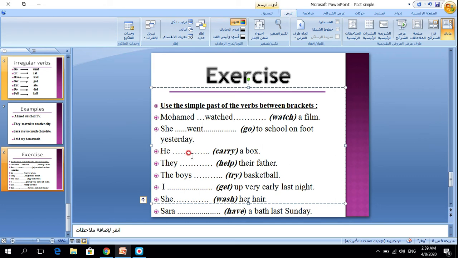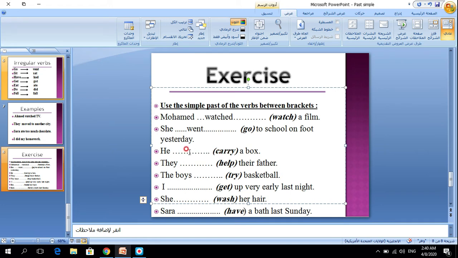Number 3, he a box. Carry here is a regular verb. So how can we put carry in past? By the way, there is y at the end, before a consonant. The correct one is ed, d, or ied.